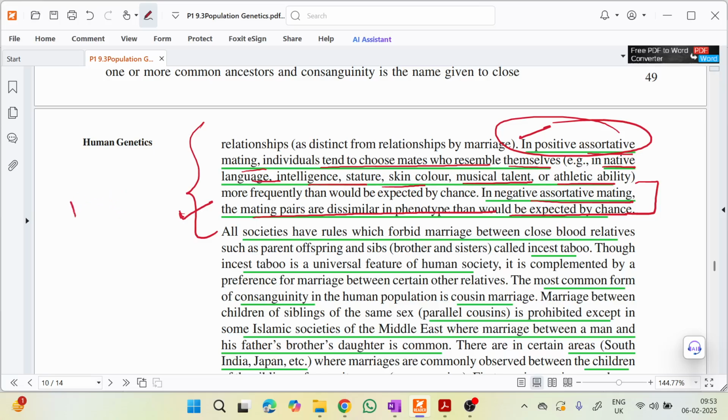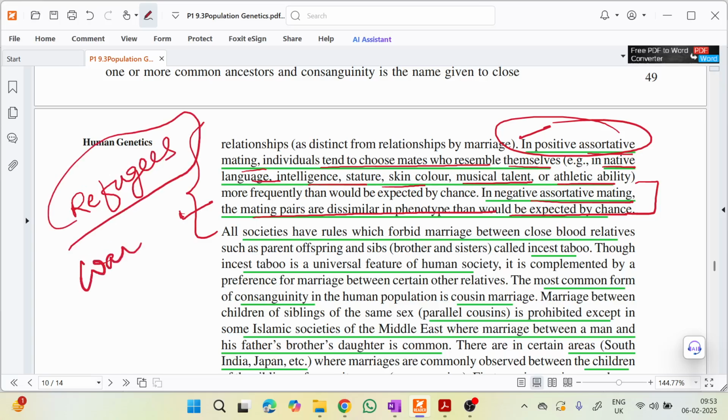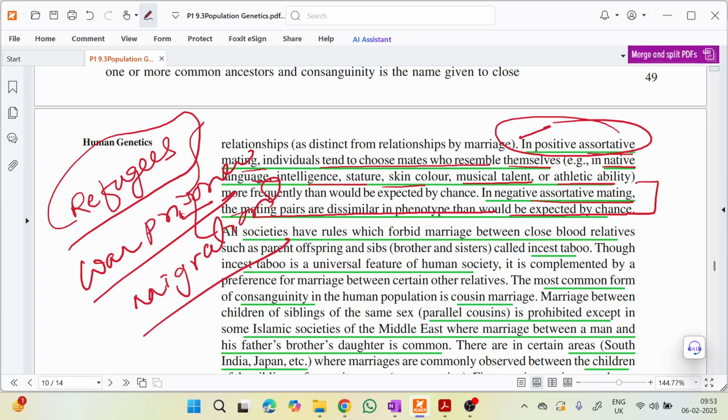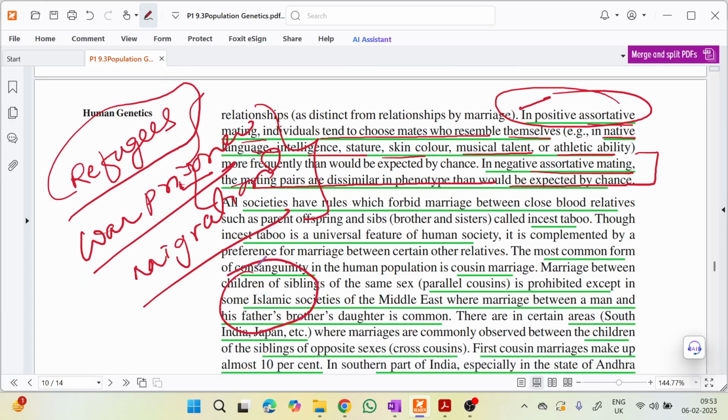So let's take the example of a refugee colony, refugees, or war prisoners, or migrations, immigrants, emigrants. अब इन सब cases में let's say a man from, let's say, Kenya, because of some issue, got established in North Korea, and for some reason he couldn't get out of that country.